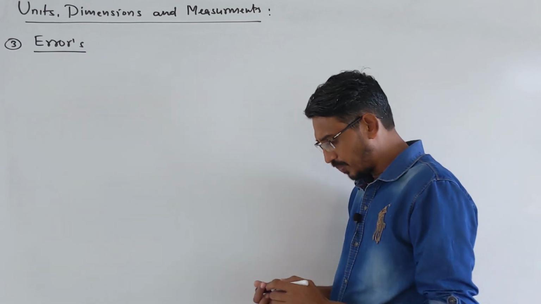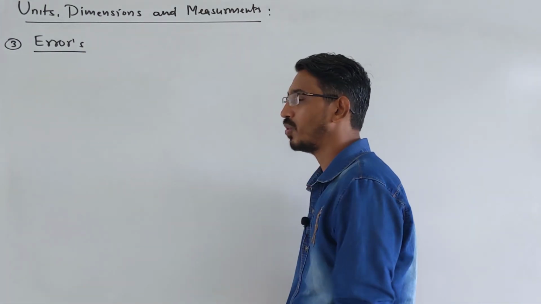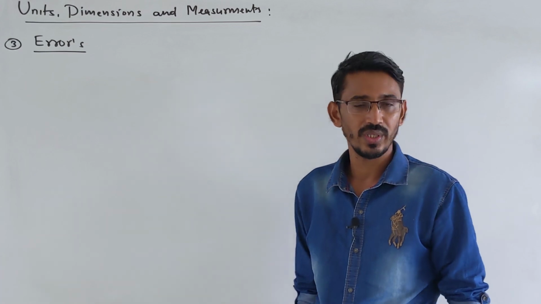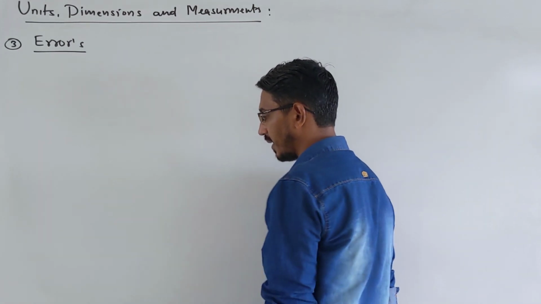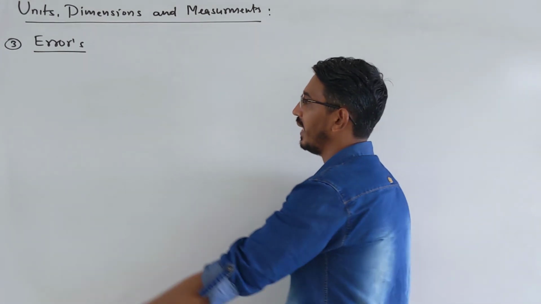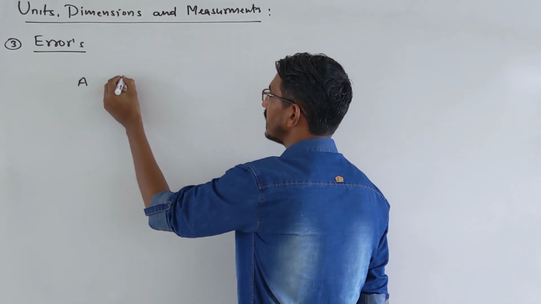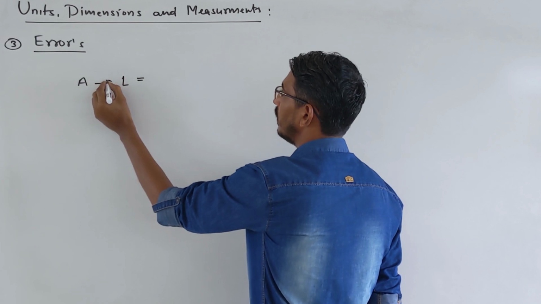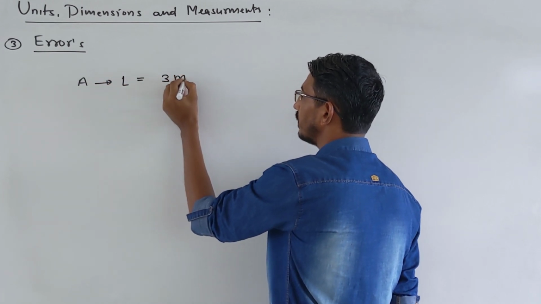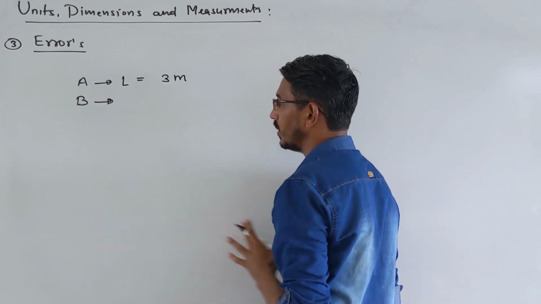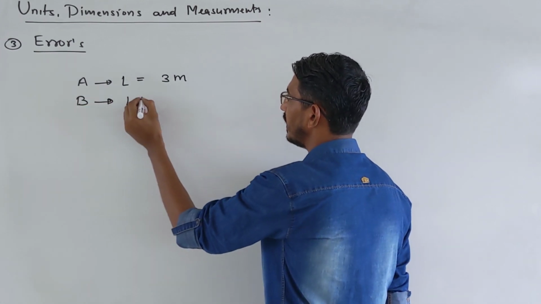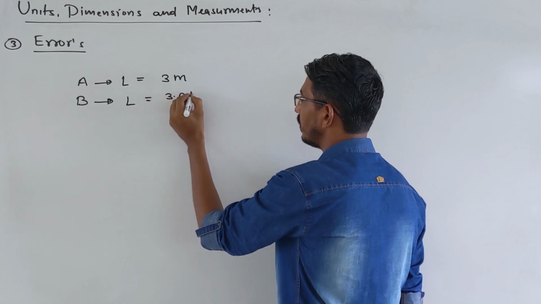Okay, suppose for example you want to measure the length of this whiteboard, and suppose three students are measuring the length of this whiteboard. Student A writes the answer this way: the length of this board is equal to 3 meter. Another student measuring the same board says the length is equal to 3.0 meter.